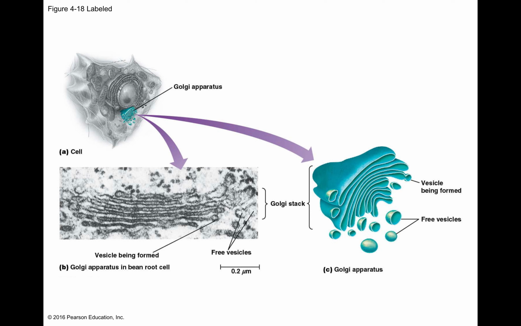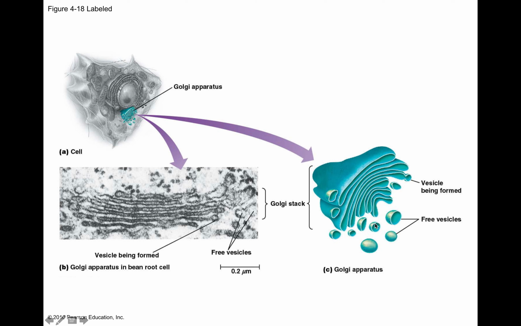Rough ER delivers its proteins to the Golgi apparatus. The Golgi apparatus is named for the person who discovered the system in eukaryotic cells. It has a cis face facing the nucleus and a trans face facing away from the nucleus. Their proteins get modified and then moved into different flattened sacs called cisternae as they move through the Golgi apparatus, and they're biochemically modified as they move through.